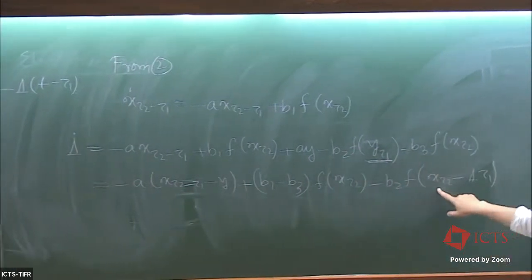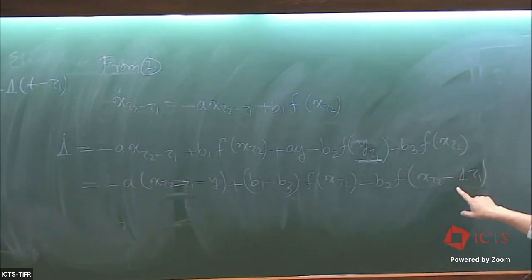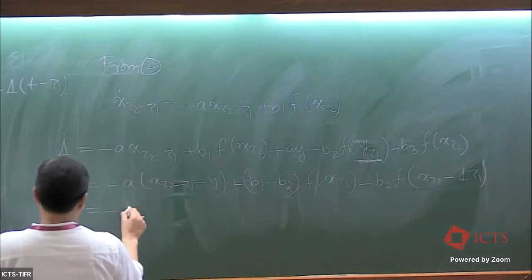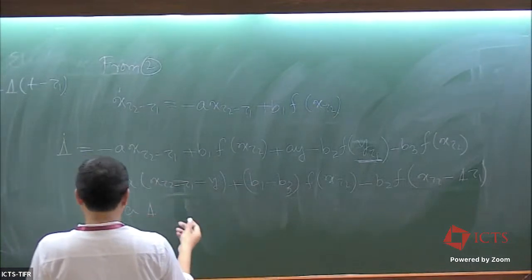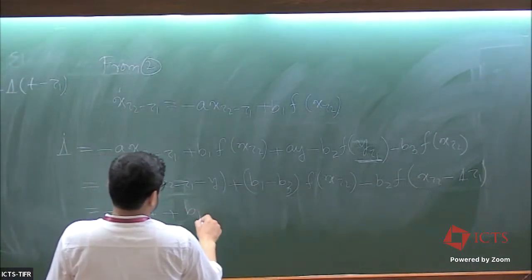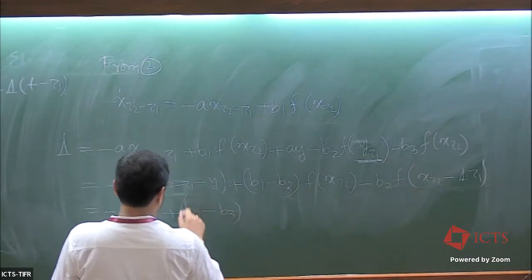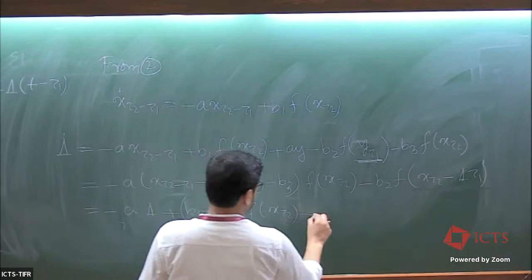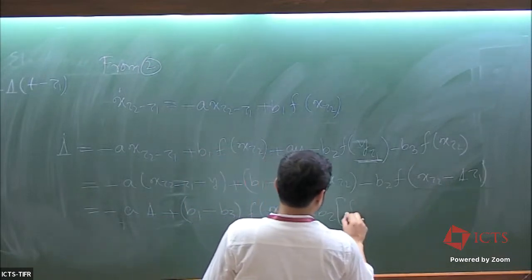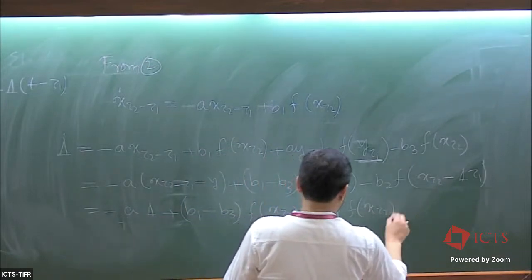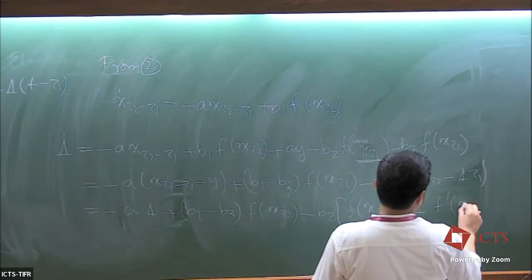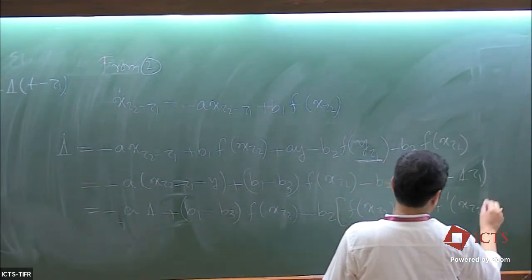Now you can expand it in a Taylor series, and if you expand, then you get minus a delta plus b1 minus b3 f of x of tau 2 minus b2 f of x of tau 2 minus delta f prime x of tau 2.